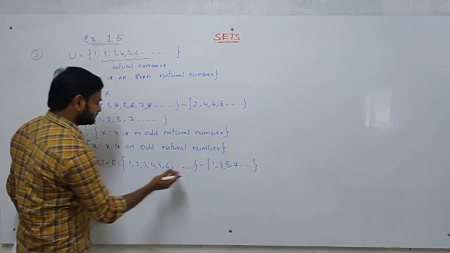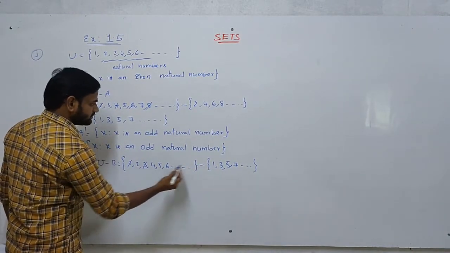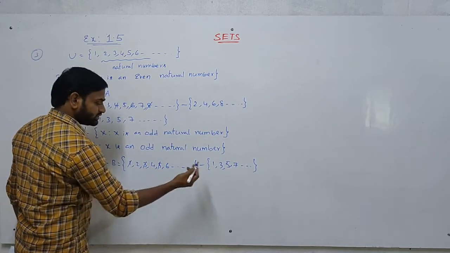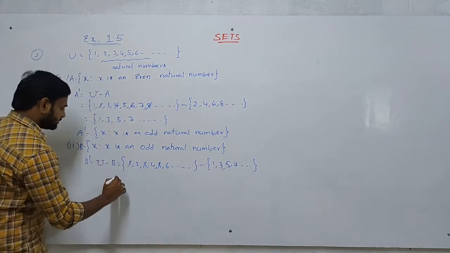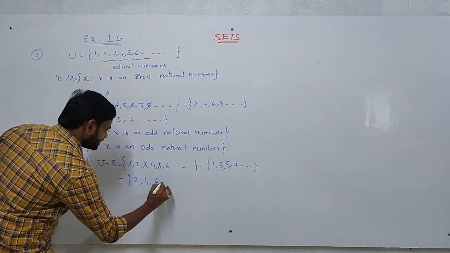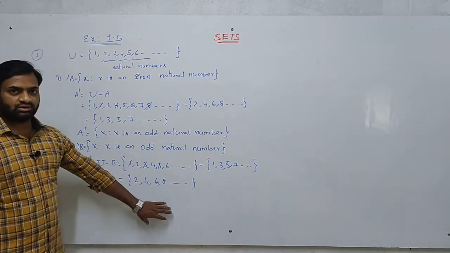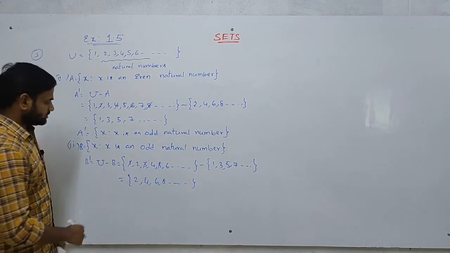Eliminate these elements from this set. 1 is there, cancel. 3 is there, cancel. Next 5 is there, cancel. Like that. So what are the remaining in here? 2, 4, 6, 8 and so on. These 2, 4, 6, 8 are even natural numbers.